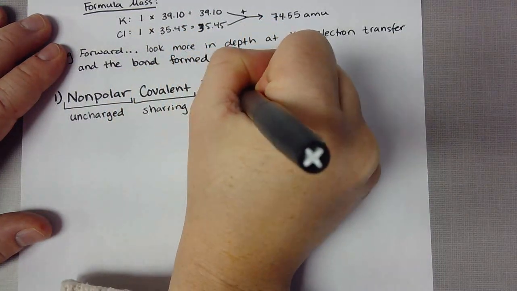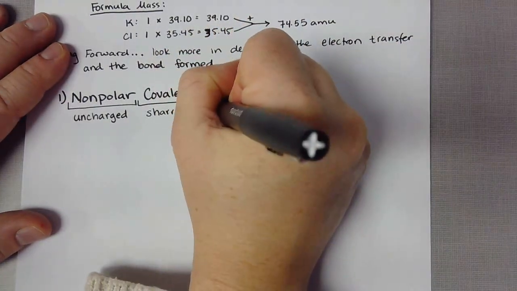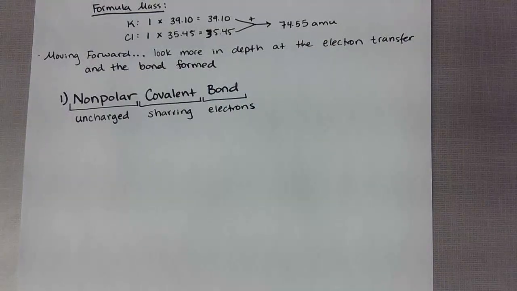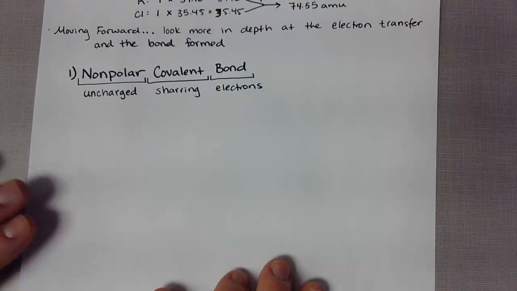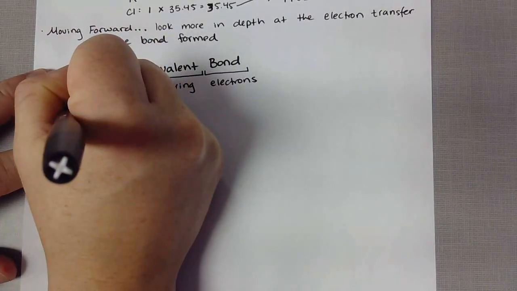The word bond, referencing that what have we done? We've moved electrons. So that's breaking down the term. Breaking it down a little farther. So why this type of bond occurs?